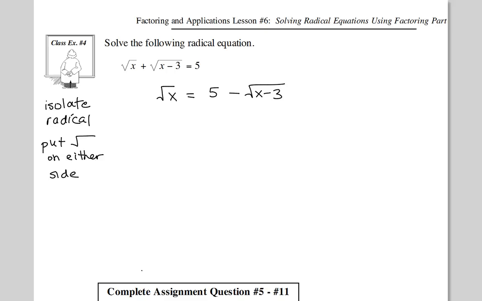Now, we have to square both sides. Now the left side's very easy. You just get x. But the right-hand side, what do you have? You have this. Now, how are you going to FOIL that?